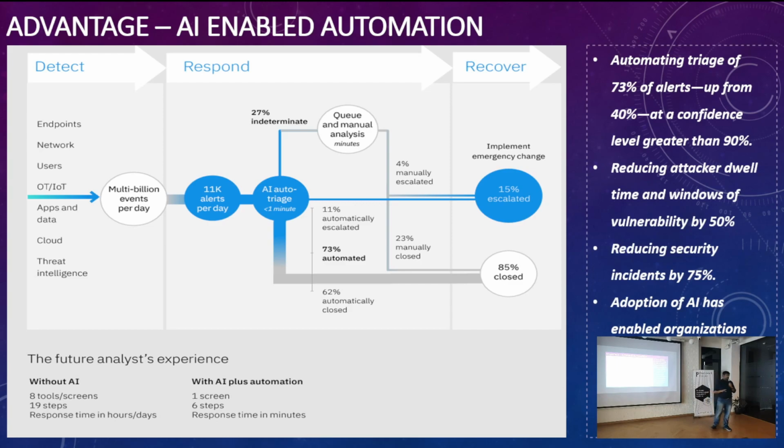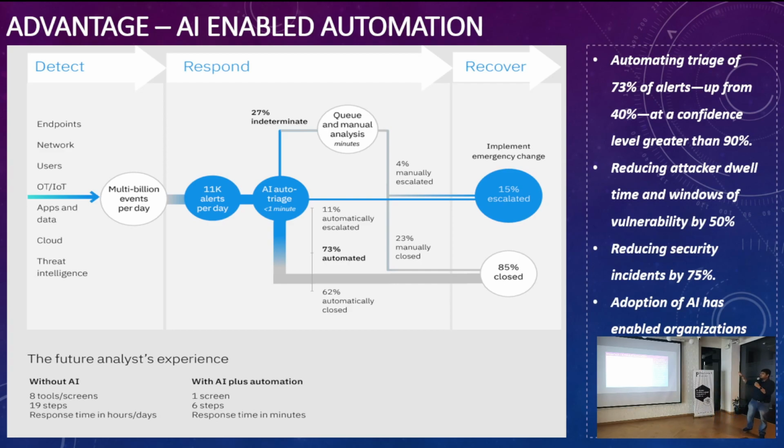If a SOC team has to analyze this many alerts, just imagine the difficulty from a human perspective. It's not even possible to monitor more than 20, 30 alerts in a shift, forget about 11,000 alerts in a day. That's where AI could come in and divide it into two sections: the automated alerts, and the alerts where human intervention is required.